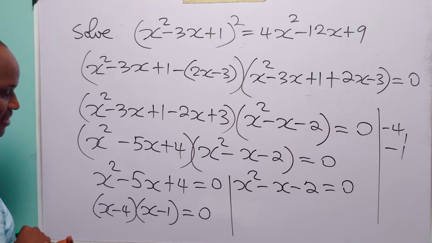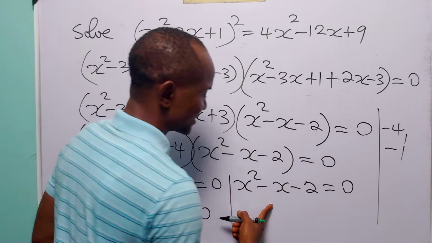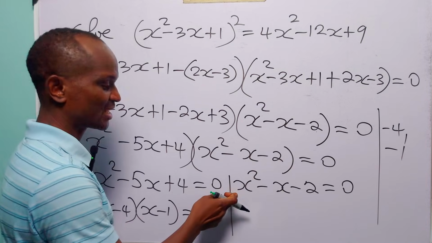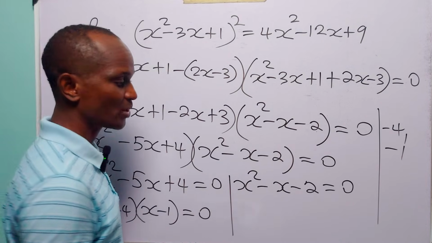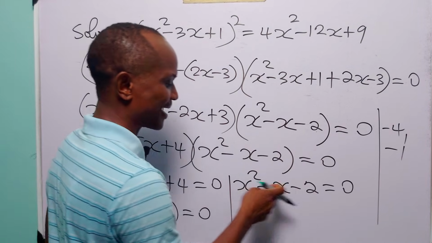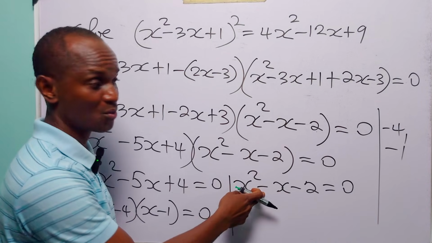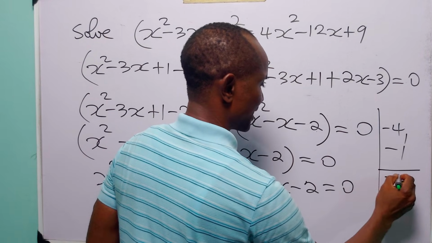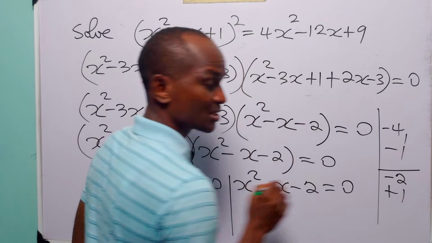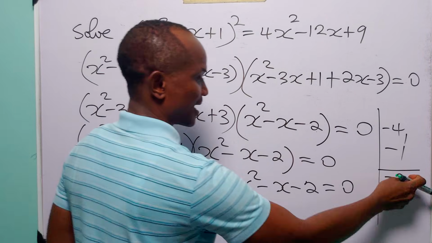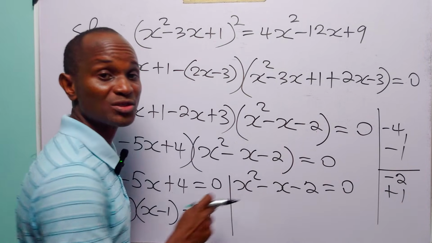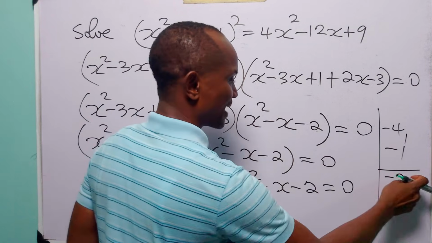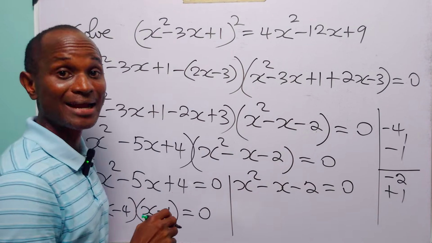In this case, once more, the coefficient of x squared is 1. So all we have to do is to find the factors of minus 2 that add up to minus 1. And they are going to be minus 2 and plus 1. Because minus 2 times plus 1 is going to give us minus 2, while minus 2 plus 1 is going to give us minus 1.